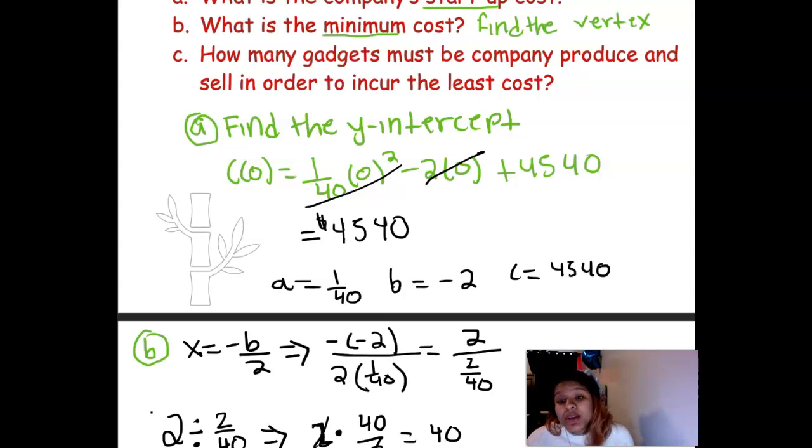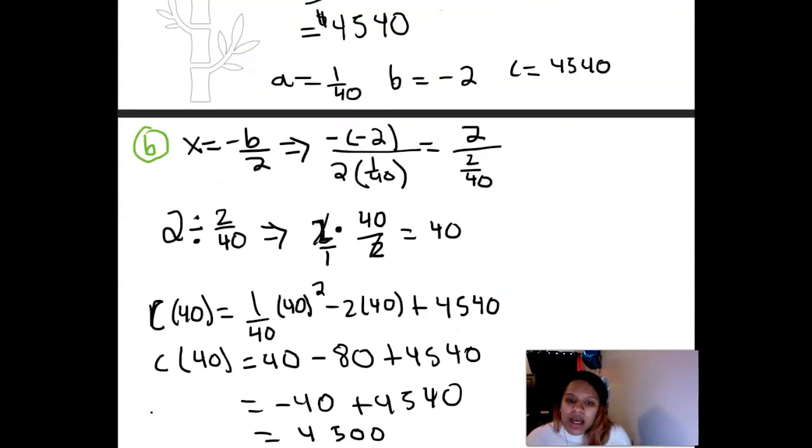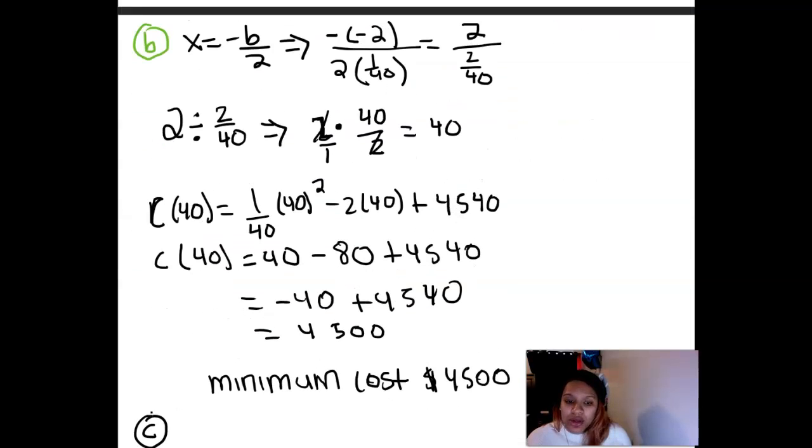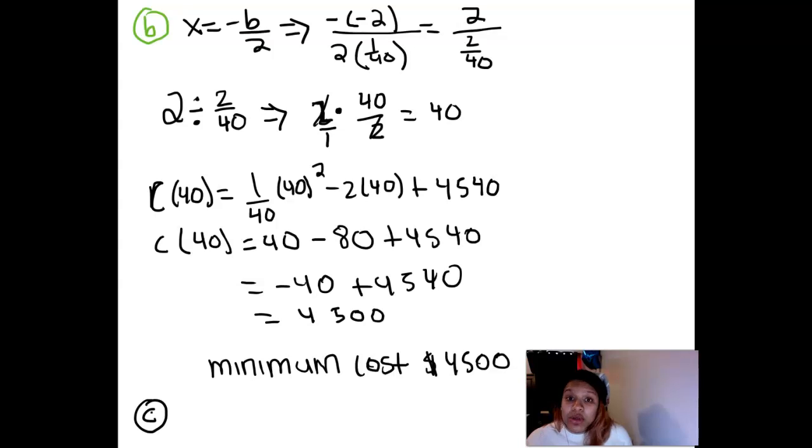So for part B, we found the minimum cost, right? So how many gadgets did they produce in order for that minimum cost to happen? That is the x part of the vertex. This is the 40. Is the minimum number of gadgets.